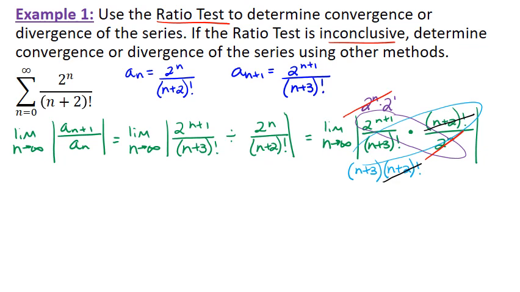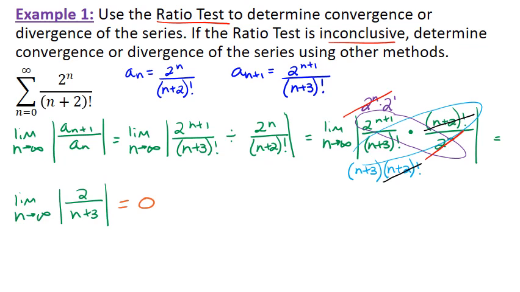So this is equal to the limit as n approaches infinity of 2 over n plus 3. Well, n is 0 or bigger, so if I plug in 0 here or anything bigger, this is going to be positive, so I don't need the absolute value. If I apply my limit here, the denominator increases faster, so this limit is equal to 0.